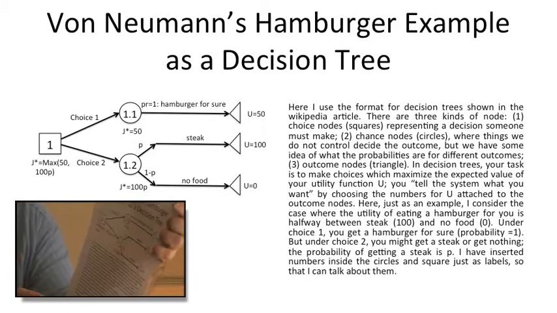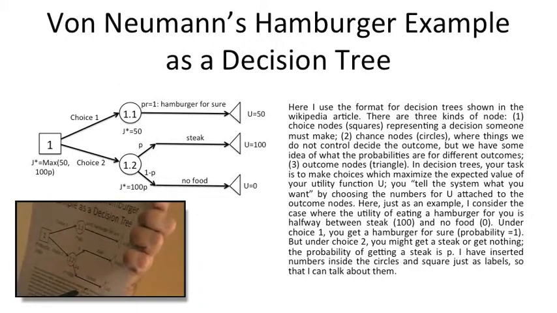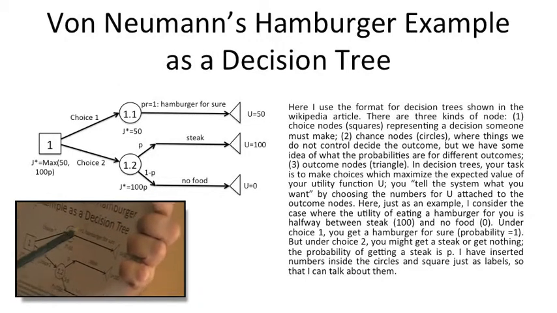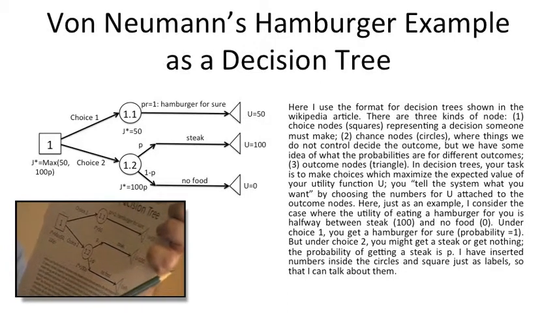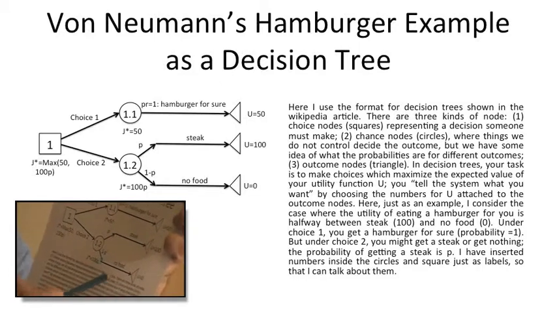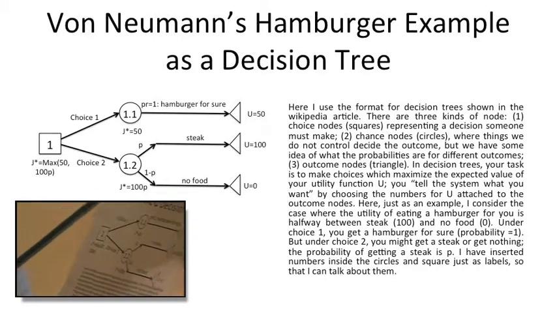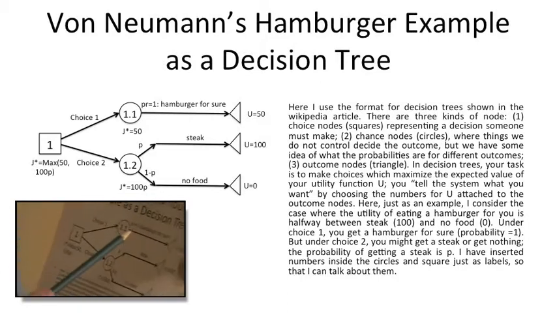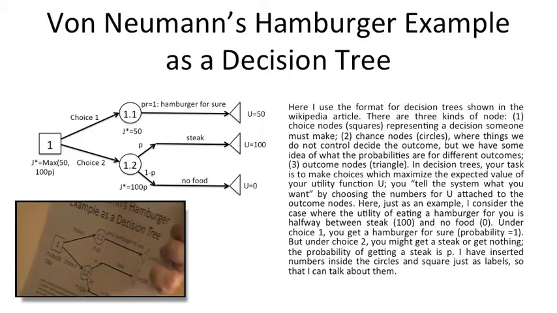This is the same example, except I'm going to be a little more formal about how I present it. In this example, I'm going to pretend that you have already decided that a hamburger is worth about half as much. It's halfway between a steak and no food. Just for this example, I could put in a different number. But just to show how things work, it helps to use arithmetic numbers instead of too many variables.